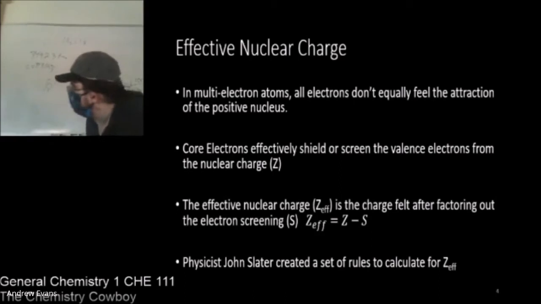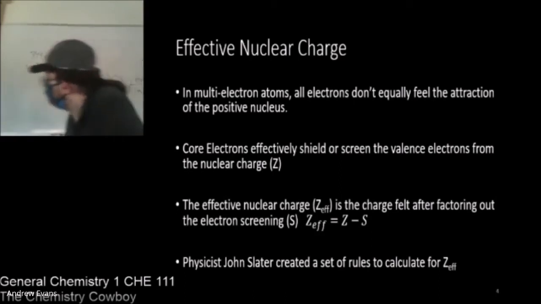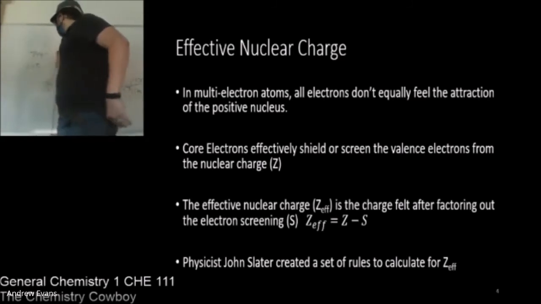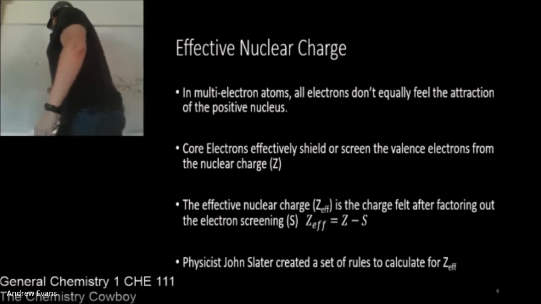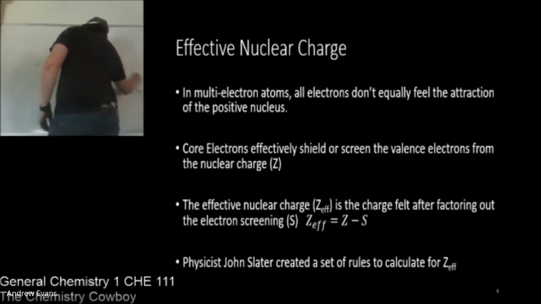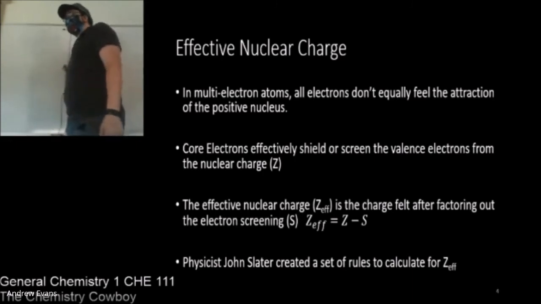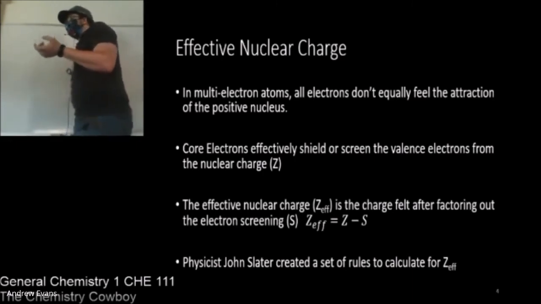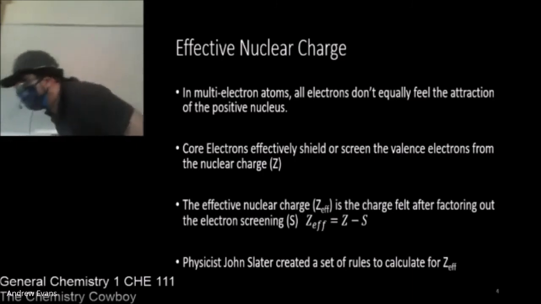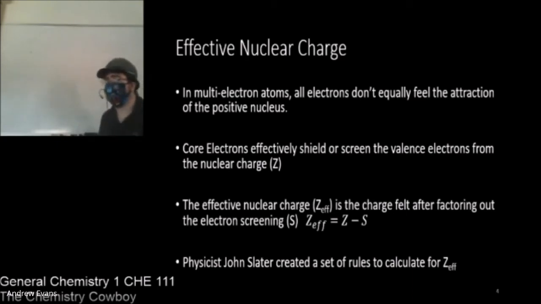The first thing we're going to talk about is the effective nuclear charge. This is a little trippy, but it's important because when we looked at an atom, what did we mention when we talked about atomic mass and atomic number? We counted the protons, neutrons, and electrons.